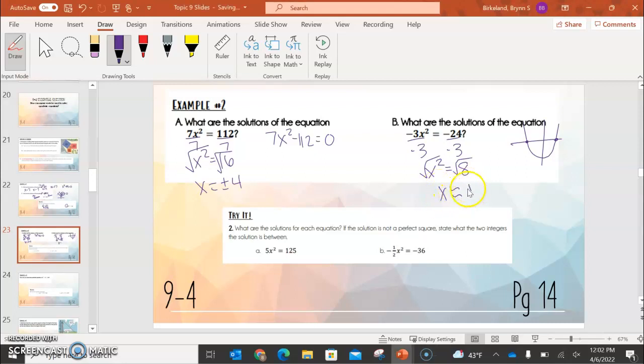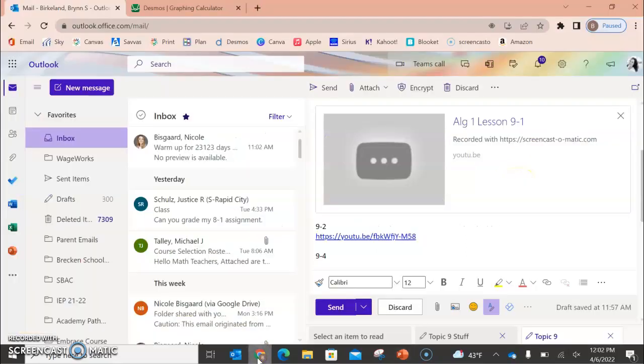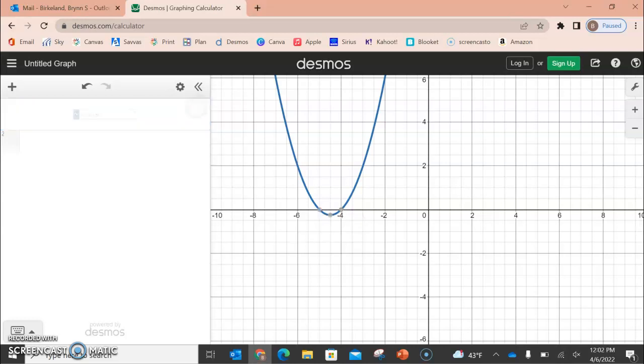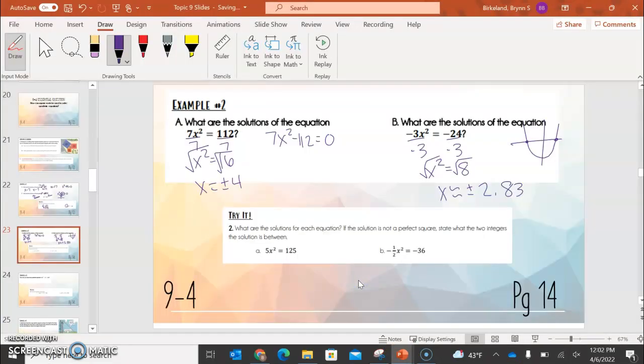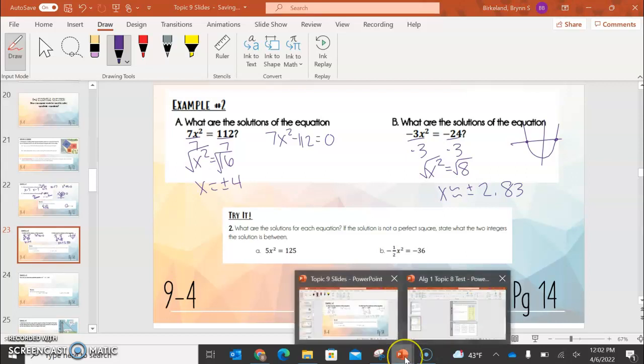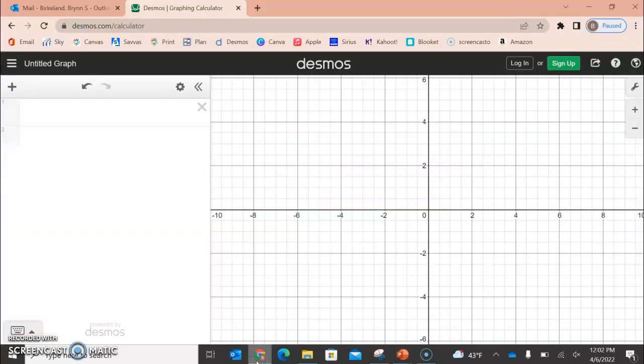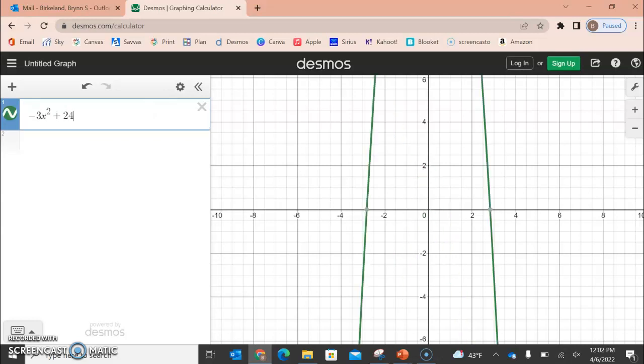approximately, we could say plus and minus still, 2.83. Now, if we go look at Desmos here, we're going to graph that quadratic. And remember, we would use the negative 3x squared plus 24 if we moved it all onto the same side. So we have negative 3x squared plus 24.